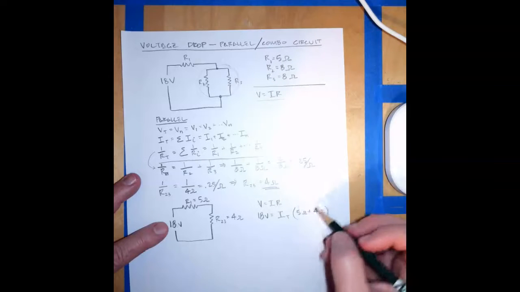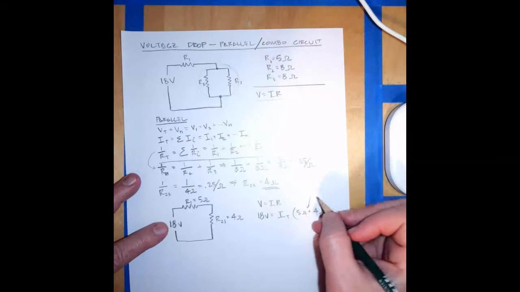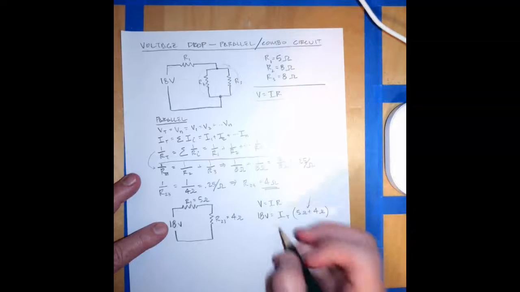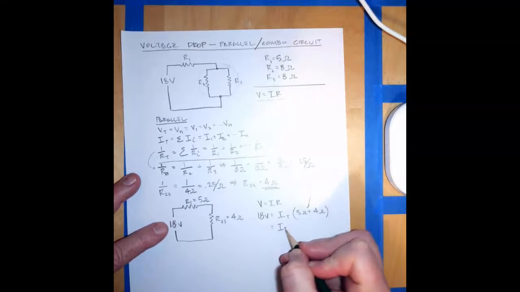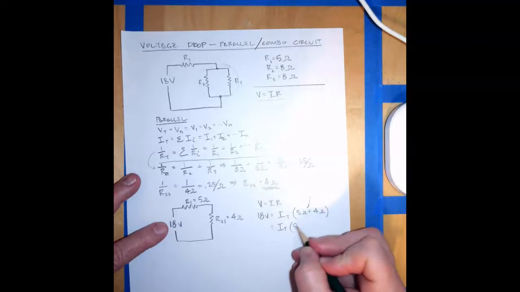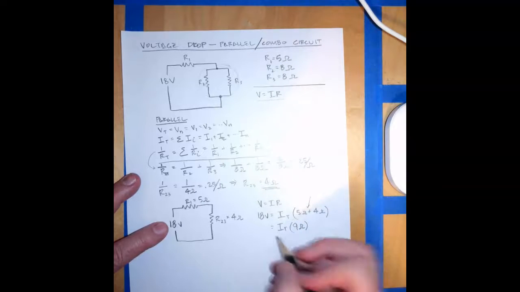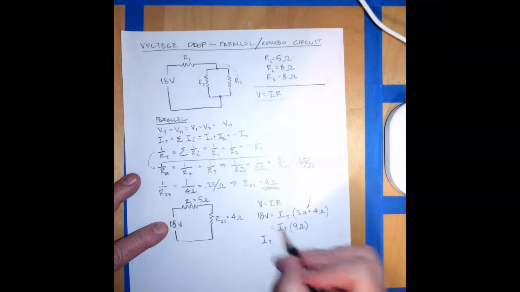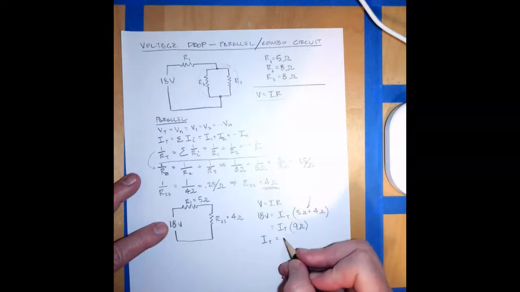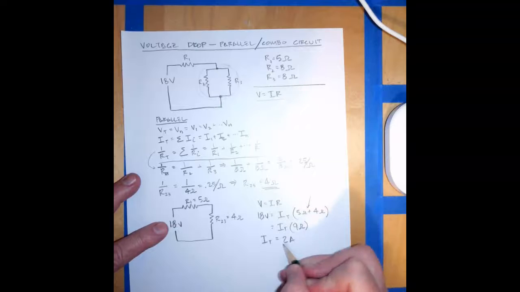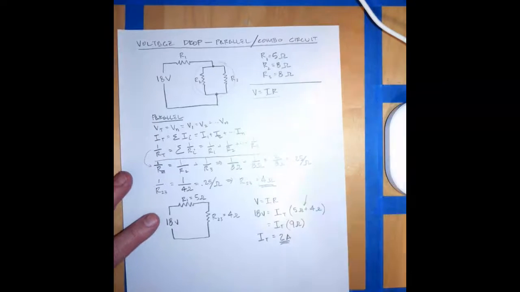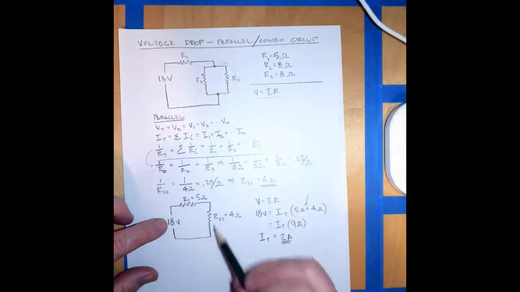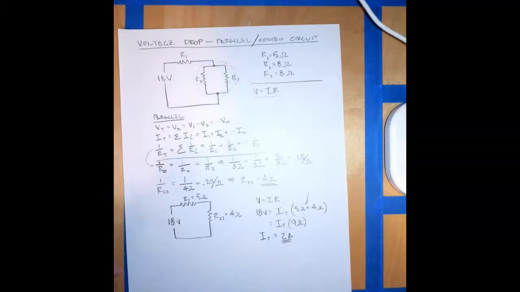Remember that in series now, the resistors add. So this is going to be 9 ohms, and so therefore, the total current is going to be 18 divided by 9, or 2 amps. So the total current in this circuit is going to be 2 amps.